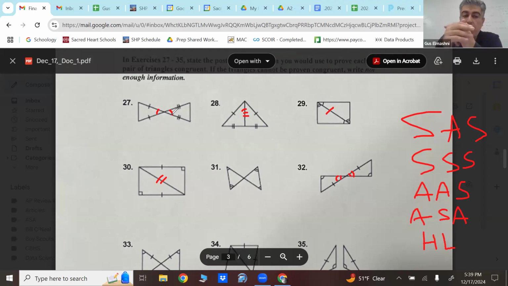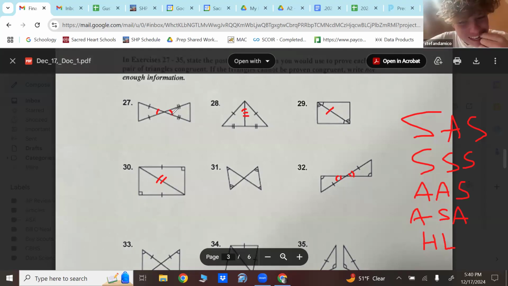Some of these may not have enough information. That's a possibility too. So start at 27. Do we have enough information to say those triangles are the same?